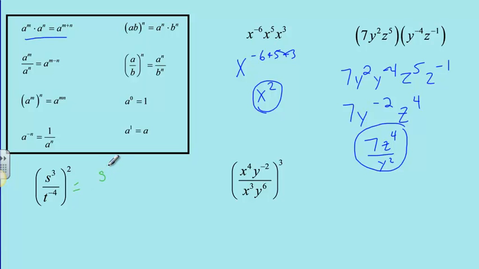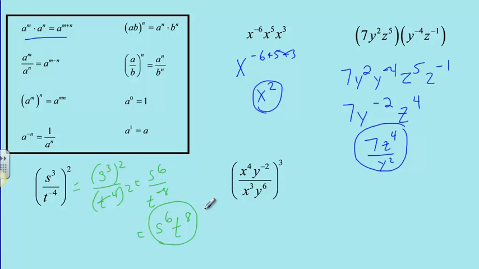I'm going to say s cubed squared over t to the negative 4th squared. Well, power to a power means I multiply. It's going to give me s to the 6th over t to the negative 8th. Now what do I do with a negative exponent on the bottom? I bring it up to the top. S to the 6th, t to the 8th. And that's my final answer.